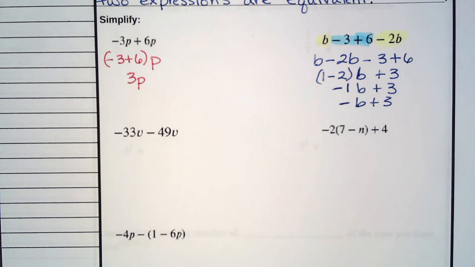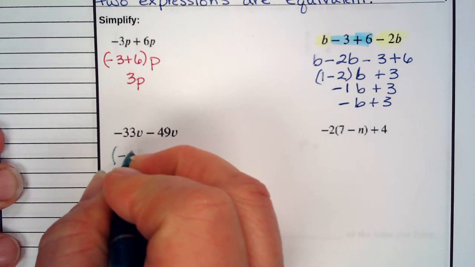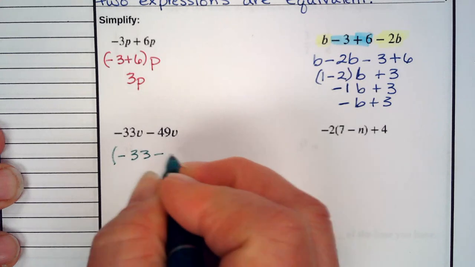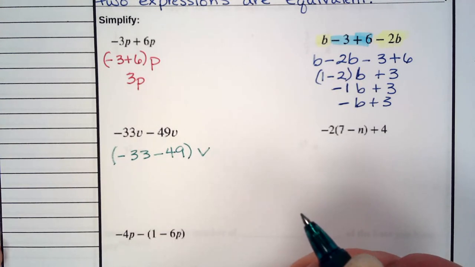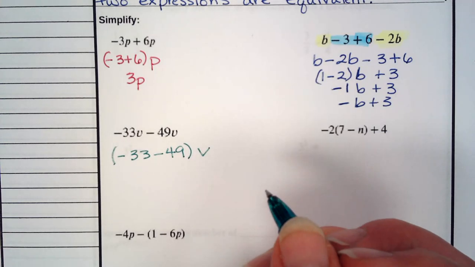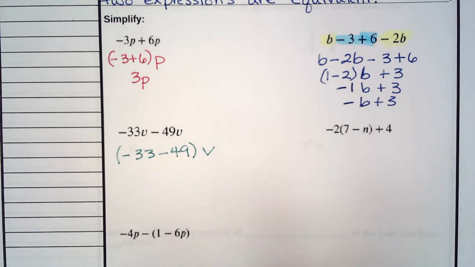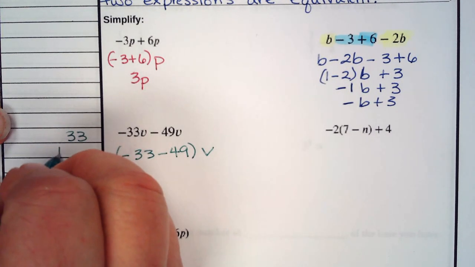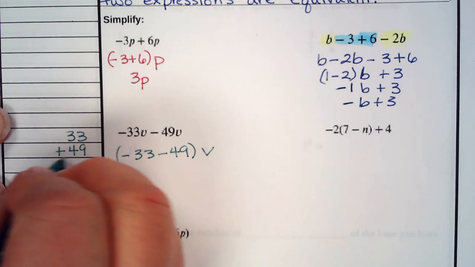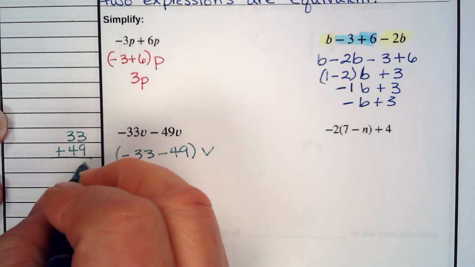Okay, so as we're looking at the next problem, my coefficients are -33 minus 49 followed by v. Okay, they're both negative numbers, so I'm going to add the numbers together and then keep that negative sign. 33 plus 49. 3 plus 9 is 12.